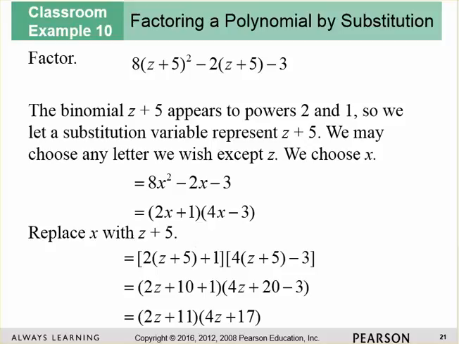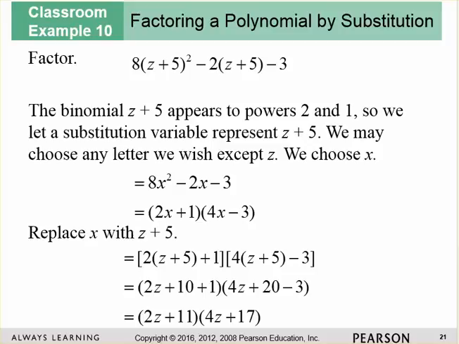Take a look at the problem that we're factoring here, and we've got quite a mess. We've got 8 times the quantity z plus 5 squared minus 2 times the quantity z plus 5 minus 3.